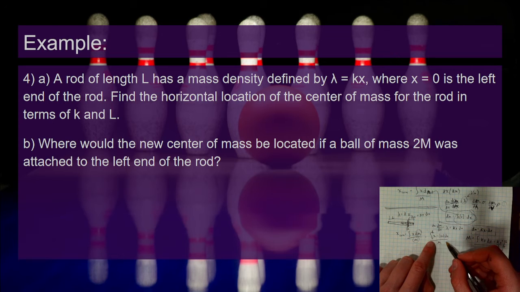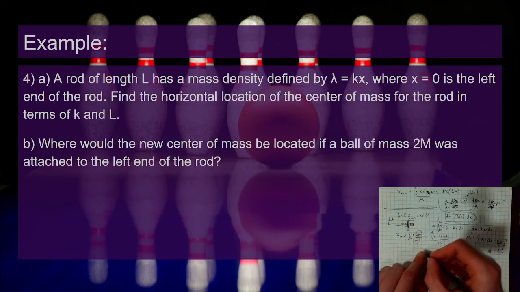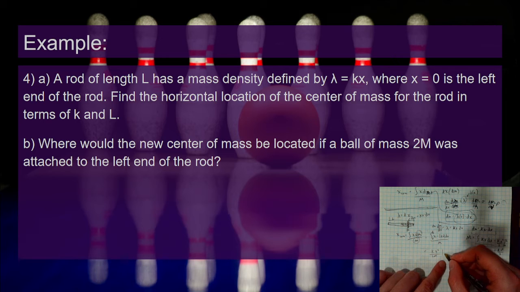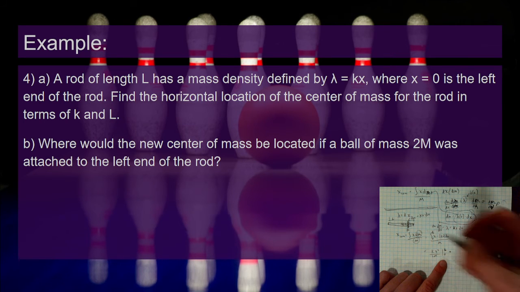Coming back over here, if we do a very similar looking integral, we'll get kx squared over 2m evaluated from 0 to L. Oh, sorry, brain fart.